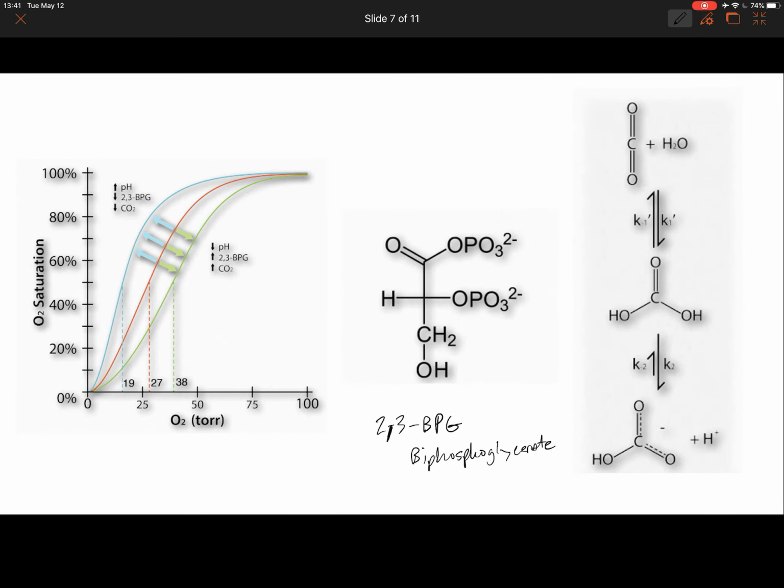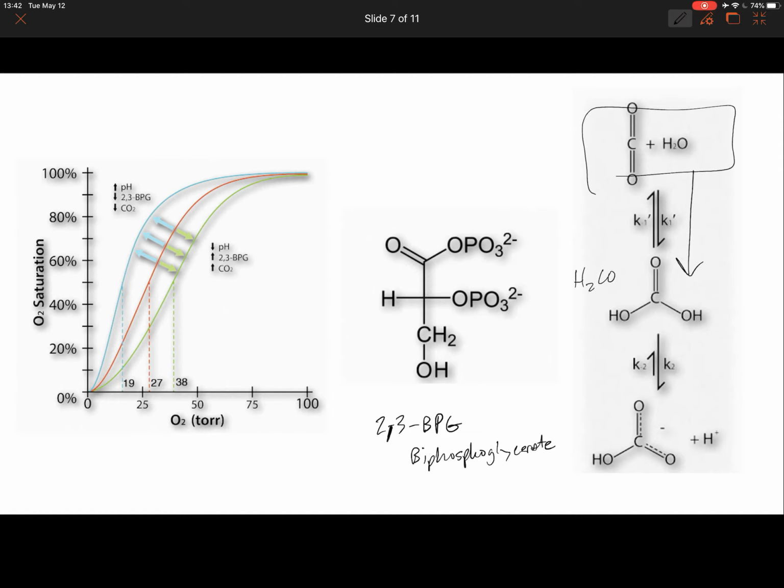When we're talking about the Bohr effect, we're talking about how these are all coupled together. You can see here, when we have actively respiring tissue, meaning when we get to glycolysis and the citric acid cycle, we're going to see that molecules of CO2 are breathed out. Now, CO2 isn't very soluble in aqueous solution, and so it's going to react with water to form H2CO3, carbonic acid.